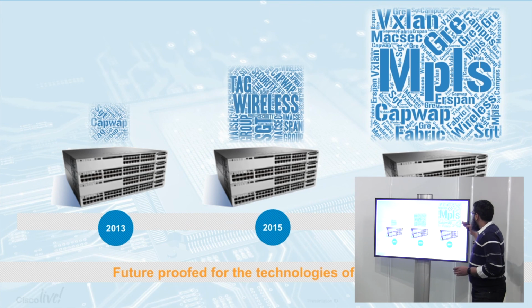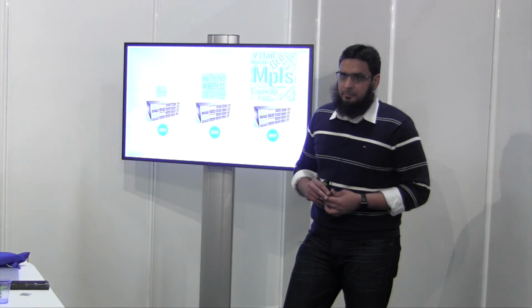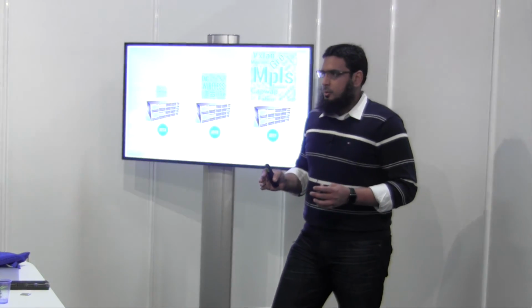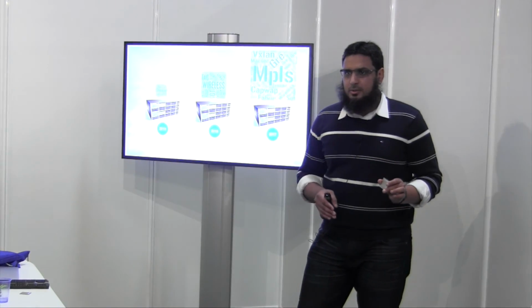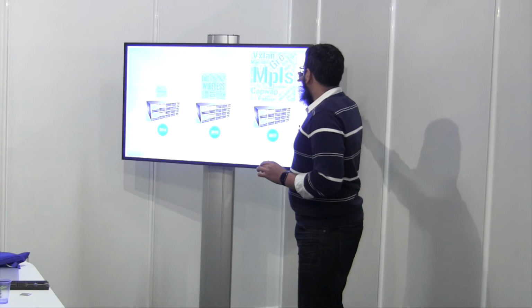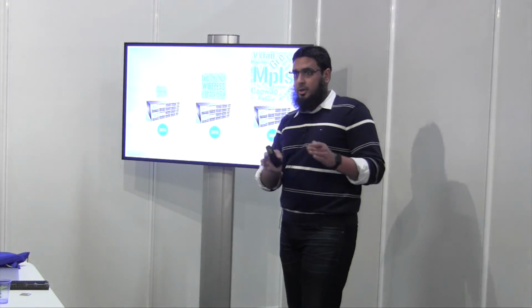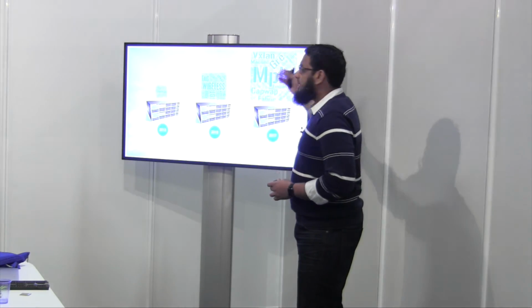We are supporting ERSPAN, we are supporting MACsec 256, and so on. Okay, so we started in 2013 with a small amount of features. With the help of the programmable stages, now we can deliver to the same customers using the same switches that they bought in 2013. They can run that many features.